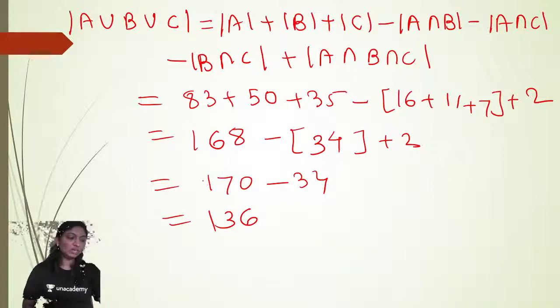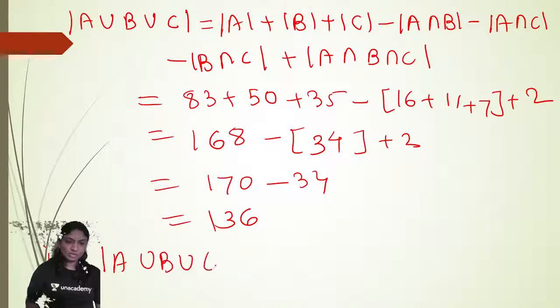The next question is how many are divisible by 3 or 5 but not by 7. We know that the number of integers divisible by either 3 or 5 or 7 is 136.